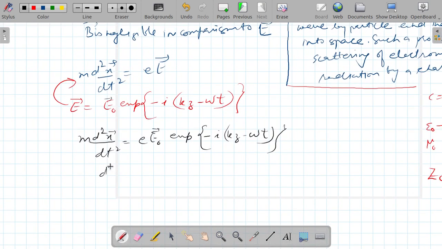From here, the acceleration is simply e by m E naught exponential minus iota (kz minus omega t).